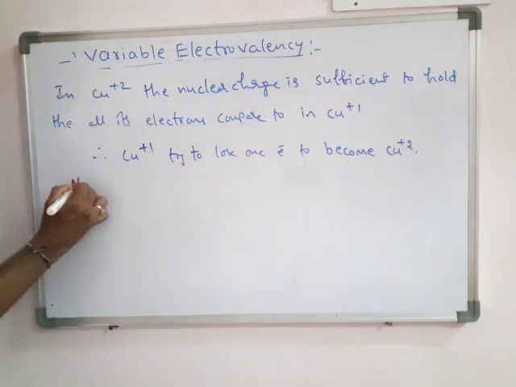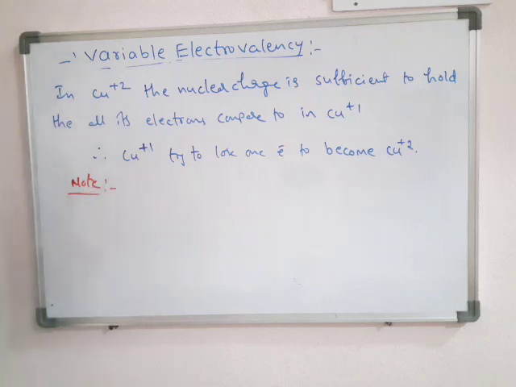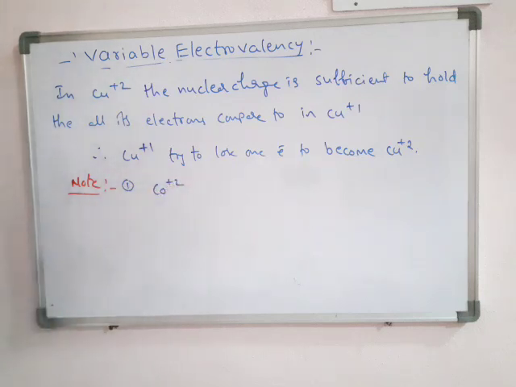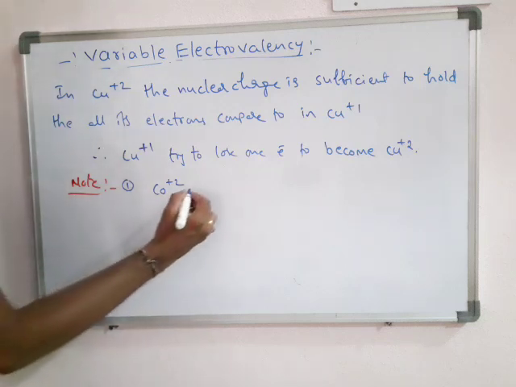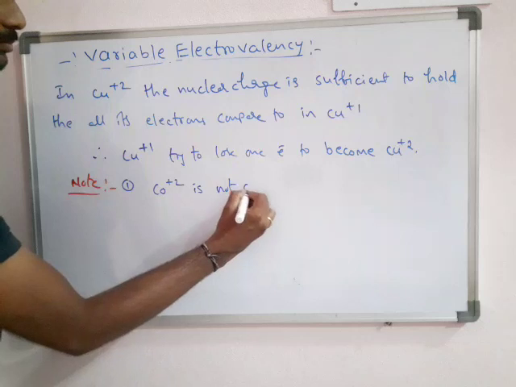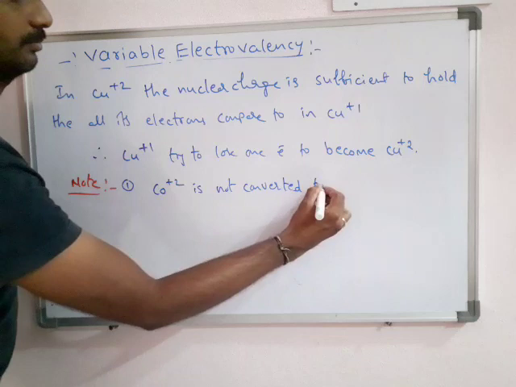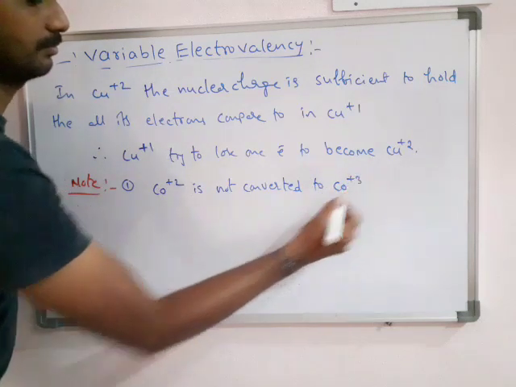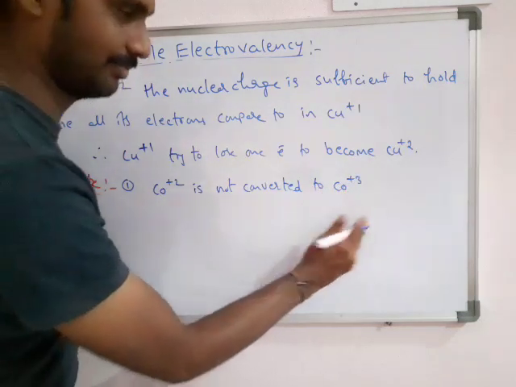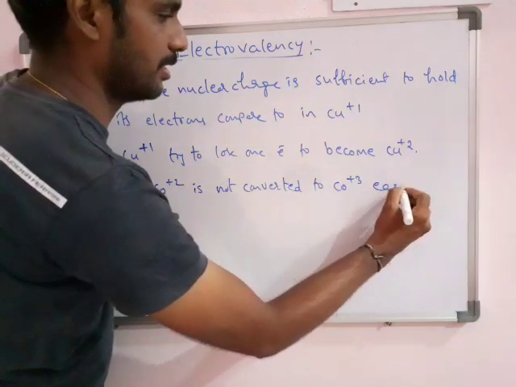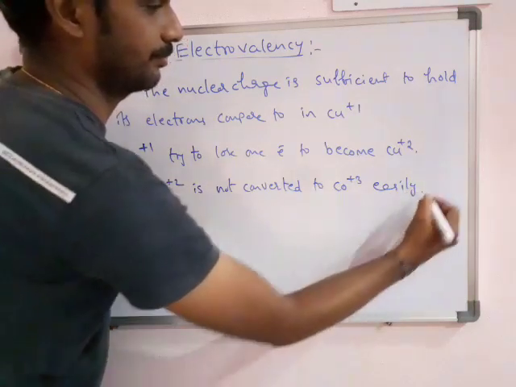So what are the exceptions? We take two exceptions here. For example, Co plus 2 is not converted to Co plus 3, cobaltic, easily.